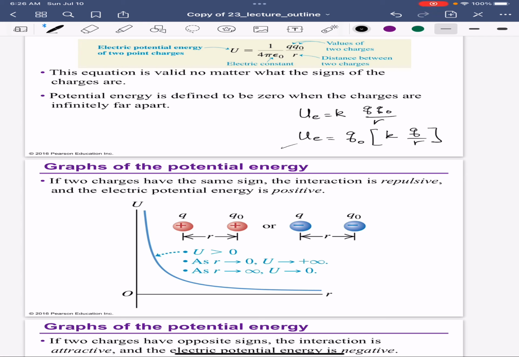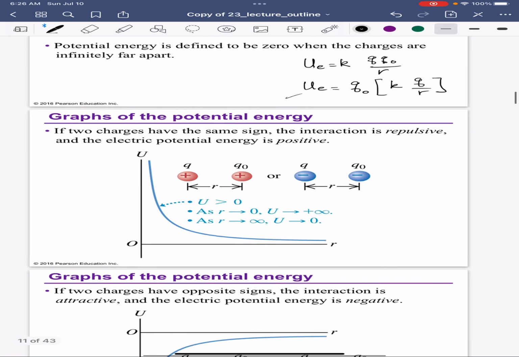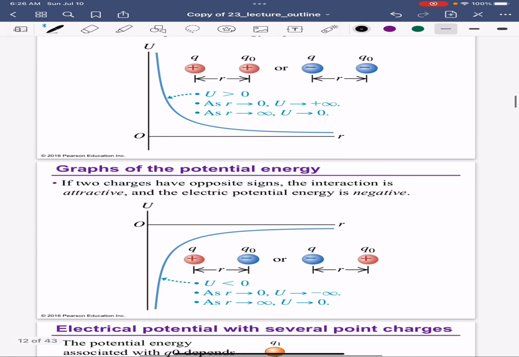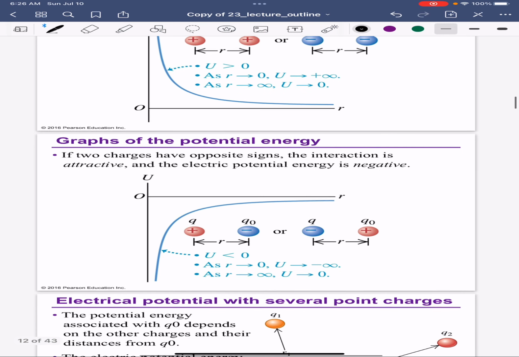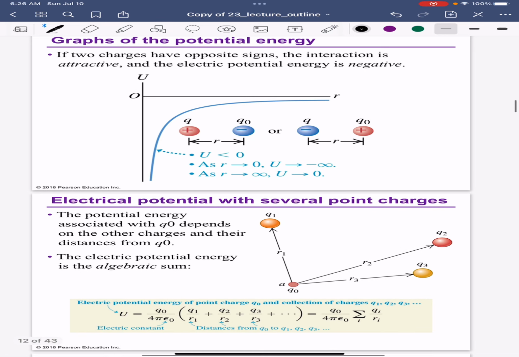If we put different values for R, U is always positive, and as R goes to 0, U goes to infinity, and as R goes to infinity, U goes to 0. If the two charges have opposite signs, the interaction is attractive, and the electric potential energy is negative. We have the same conditions here too.